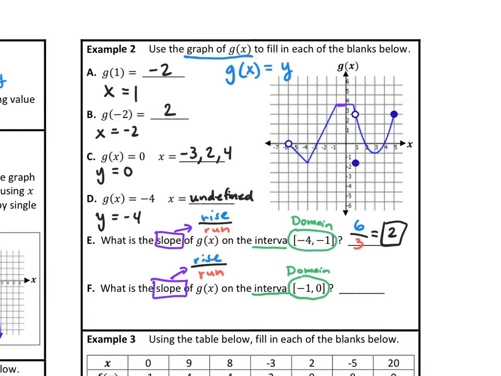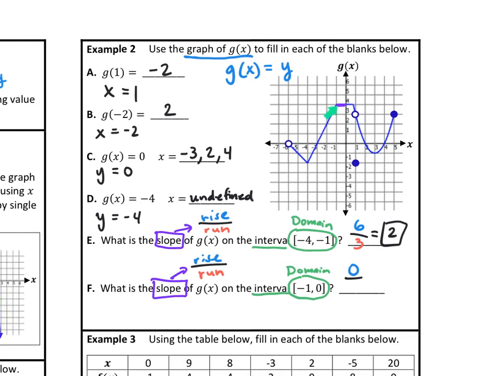All right, so then let's look at it. It's rise over run, right? So think about it. To go from this point to this point, did I rise anything? No, right? My rise was 0. So I'm going to write a fraction, rise divided by run. How much did I run?